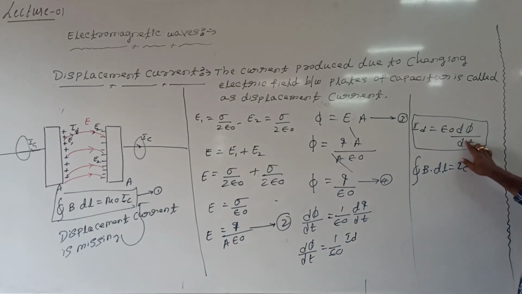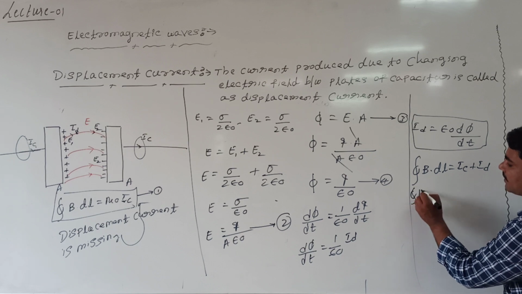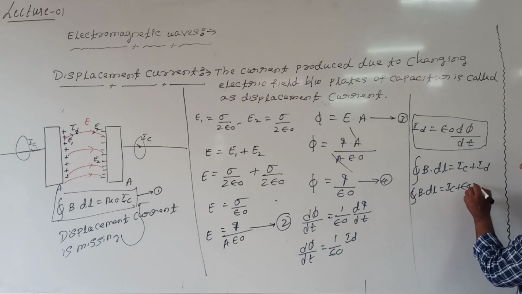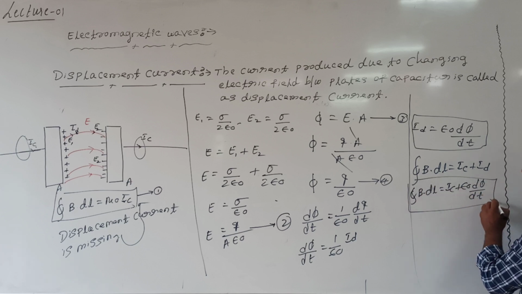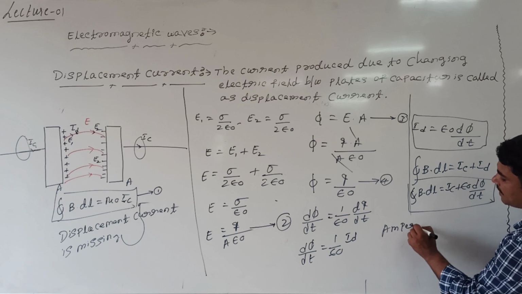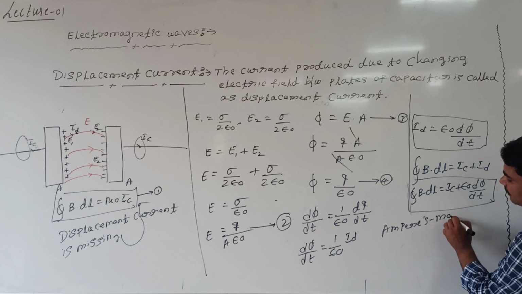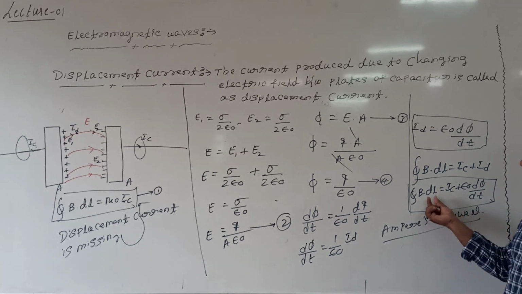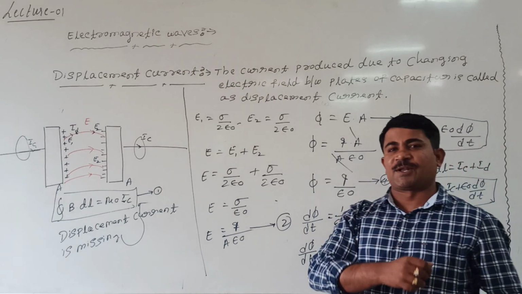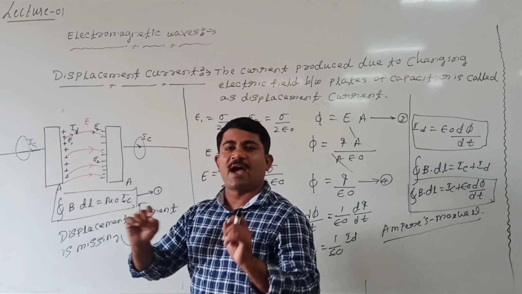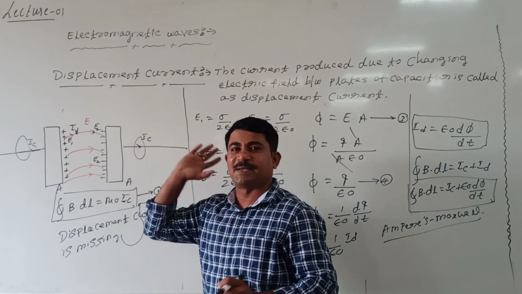Displacement current is epsilon naught into d phi divided by dt. This equation we are calling Ampere's Maxwell equation. This is the corrected form of Ampere Circuit Law. Wherever the electric field changes between the plates of the capacitor, a new concept arises that we are calling displacement current.